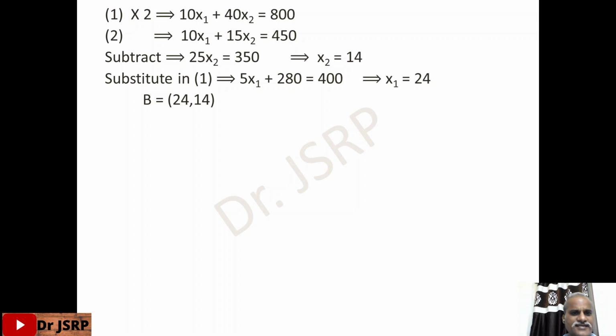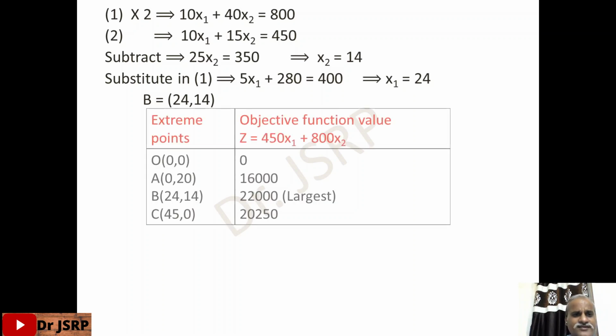Okay, next find the objective function value at the extreme points. So write in table form, these are the extreme points: O 0 0, A 0 20, B 24 14, C 45 0. Calculate the objective function value at these extreme points. The objective function is 450 x1 plus 800 x2.